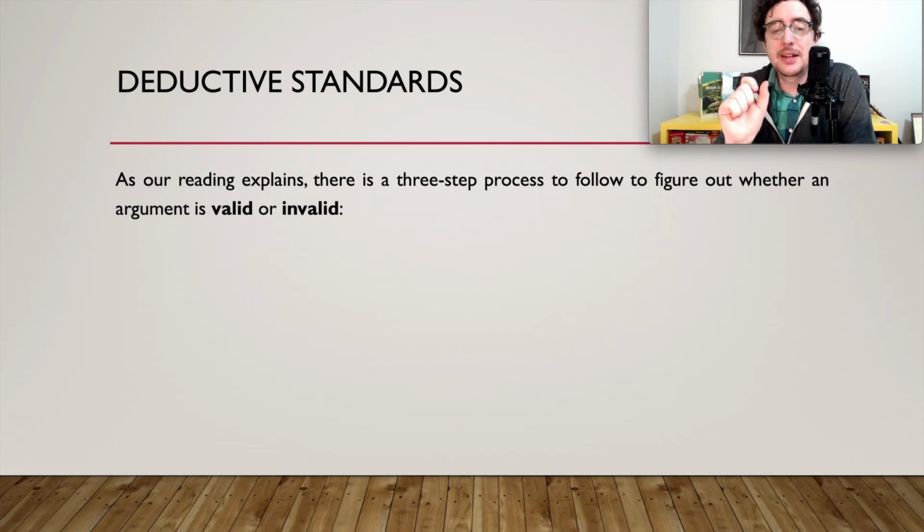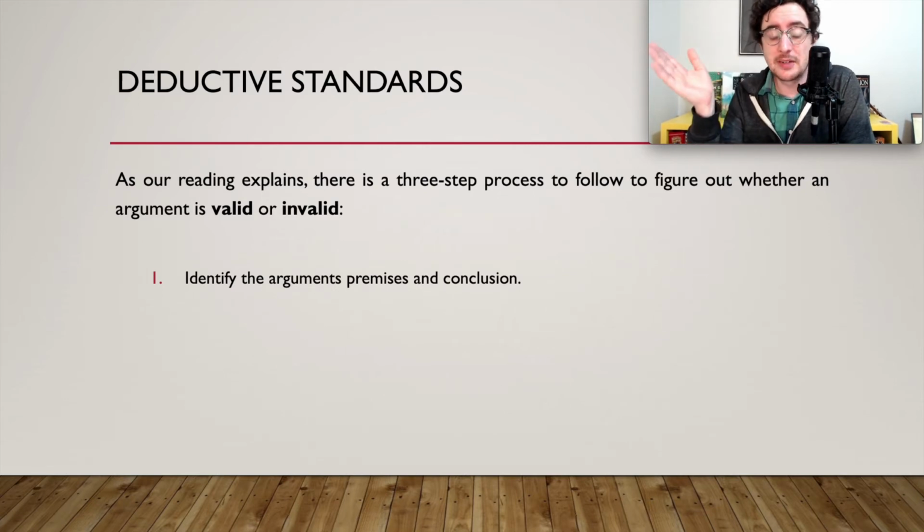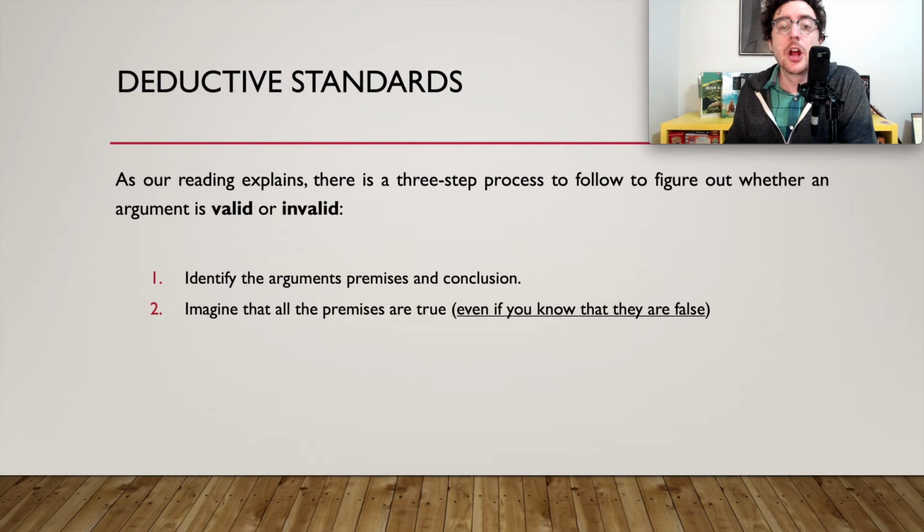So as our reading explains then, there's a three-step process that you need to follow to figure out whether an argument's valid or invalid. We might call this the imagination test of validity. First, you need to identify the argument's premises and conclusion. Second, you need to imagine that all the premises are true even if you know that they're false. Because yet again, we don't want to know, are the premises true? We want to know, well, if they were true, would they guarantee the conclusion?